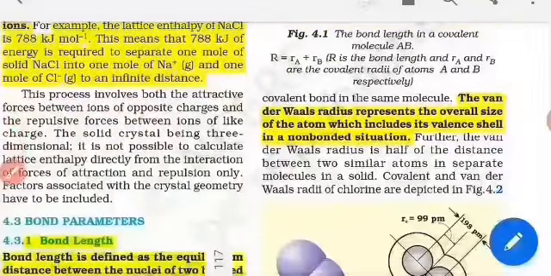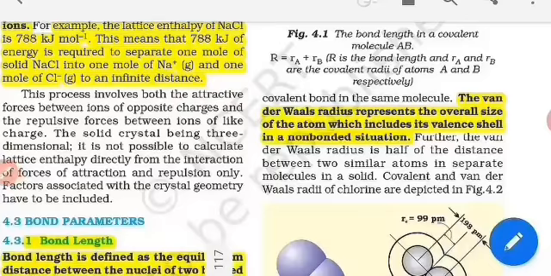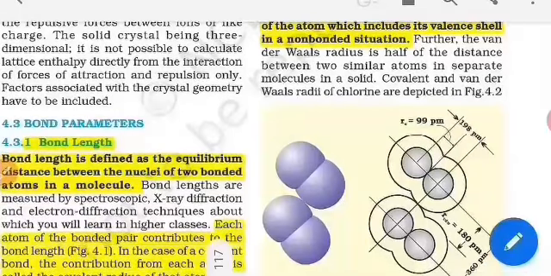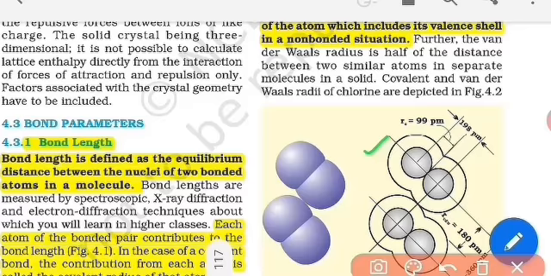Another radius is more important, which is called the van der Waals radius. The van der Waals radius represents the overall size of the atom, which includes its valence shell in a non-bonded situation. The van der Waals radius is half of the distance between two similar atoms in separate molecules in a solid.